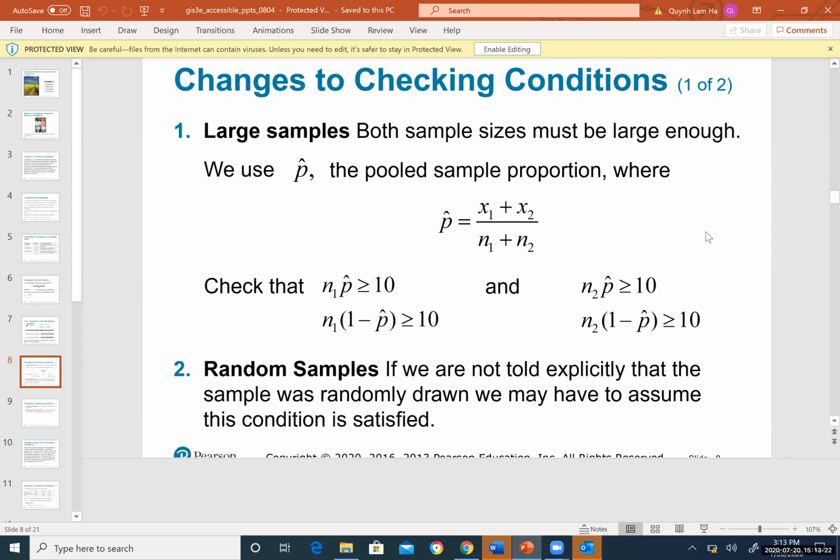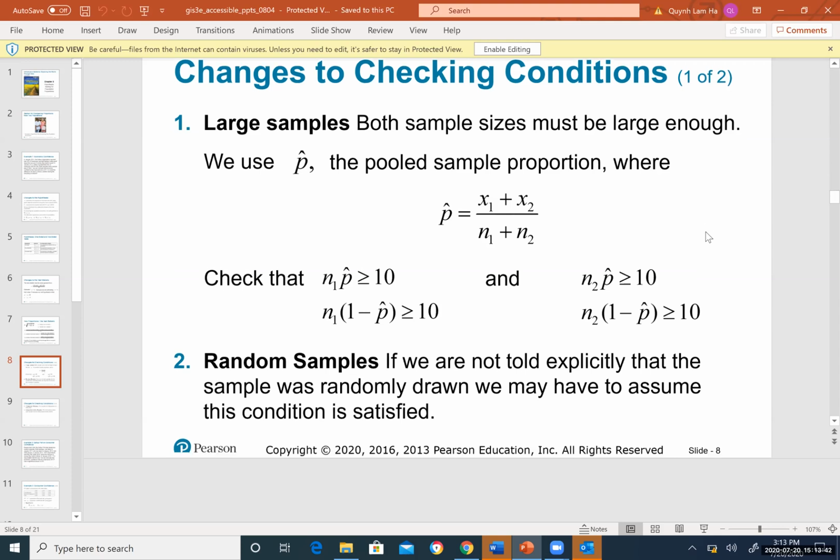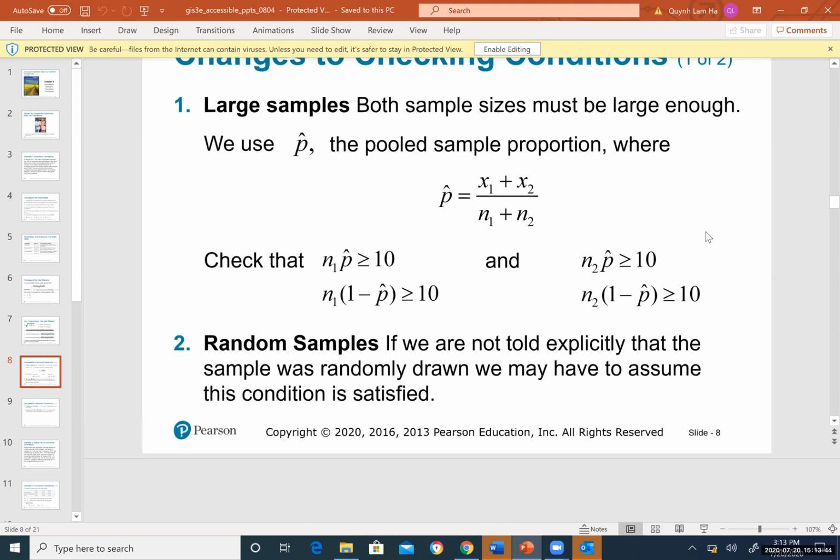So personally, when I teach you, when you're doing a test like this, I don't force you to write all these conditions because I'm not asking for it. But it's good for you to know that you should check the conditions before you keep moving to the Z and the rest, okay?